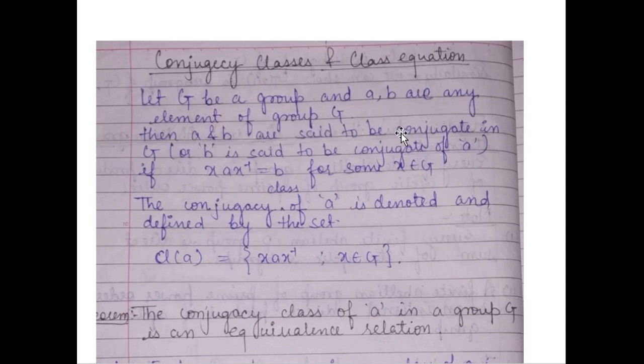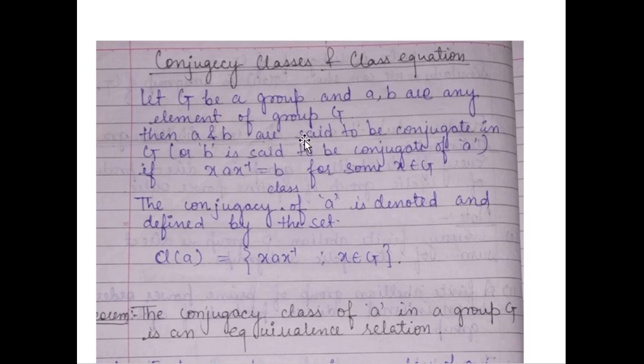then A and B are said to be conjugate in G, or B is said to be conjugate of A, if x A x inverse is equal to B for some x belonging to G. Clear? Here A and B are said to be conjugate elements of group G if there exists some x belonging to G such that B can be expressed in the form x A x inverse.